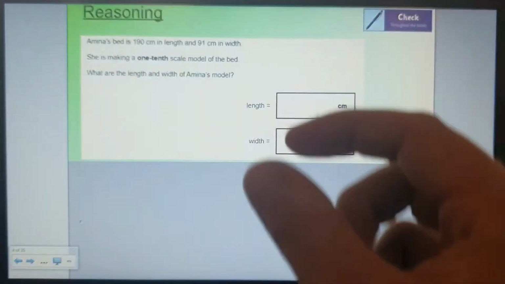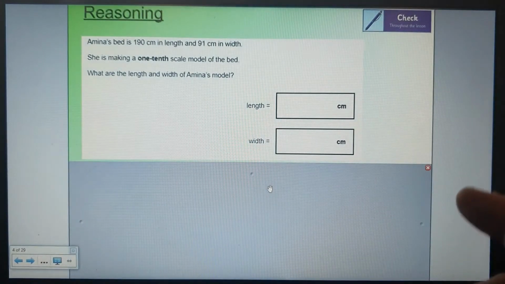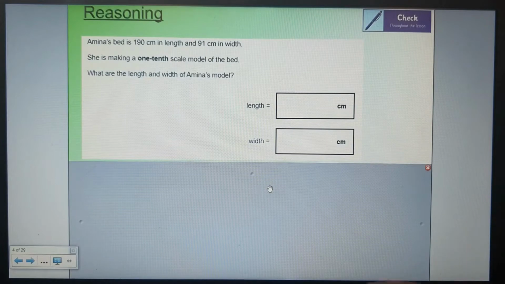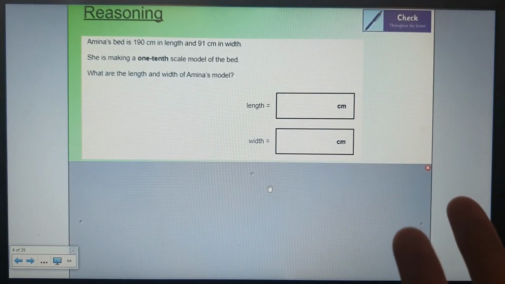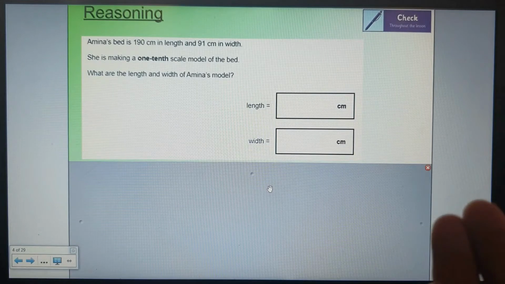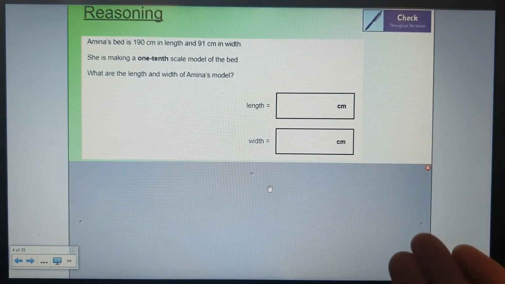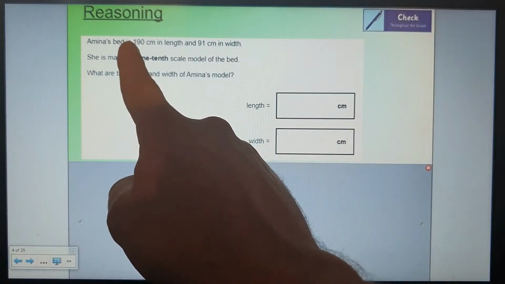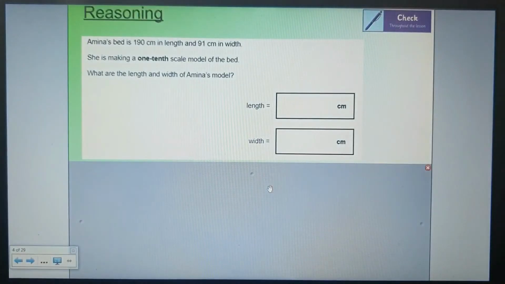So 1/10 would be one small piece if you split it into 10 pieces, so one of those pieces. So it's going to be a much smaller version of the bed. It's a model. If you think about making a model, they're never the same size unless they're a 1-to-1 scale model. But this is 1/10. So we're going to need to divide by 10. So we're going to divide 190 by 10 and 91 by 10.